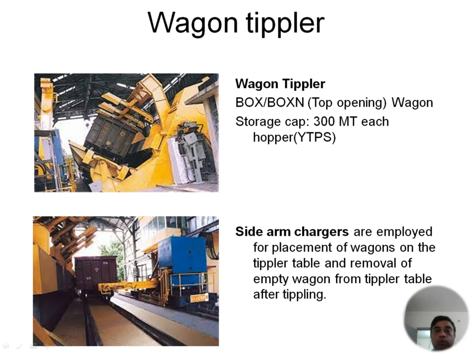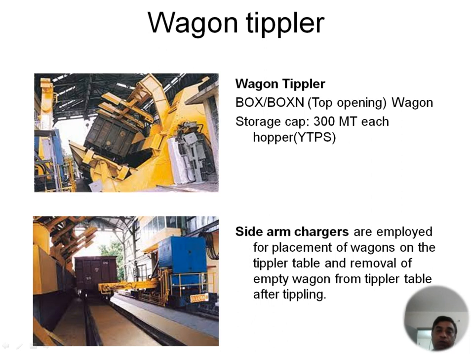There is a wagon tippler also, which can be utilized for unloading of the coal. But the unloading mechanism in a wagon tippler is different from the track hopper. In a track hopper there is a bottom opening wagon. In a wagon tippler it's a top opening wagon. So the wagon tippler is designed to unload the top opening wagon, and there is a tippling operation.